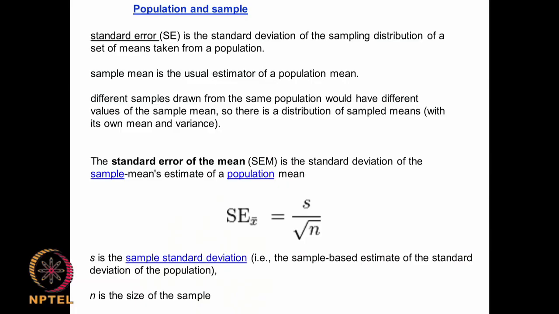Let me again recall, suppose I have a population and I have a sample. So, that means I collect a few pieces from the population and I get a mean. Now, when I take another set of pieces, I may get a different mean. If I keep on repeating, I will get a large number of means.